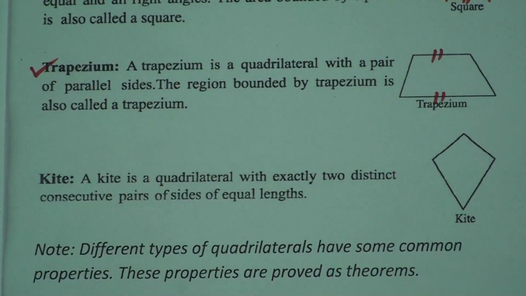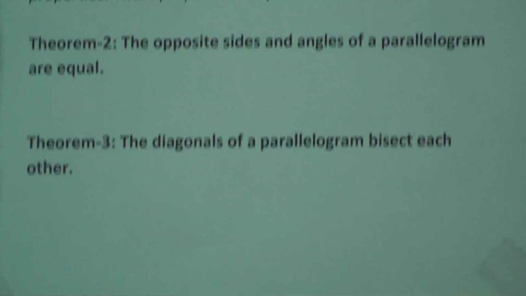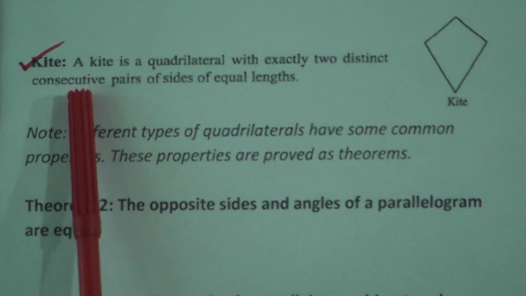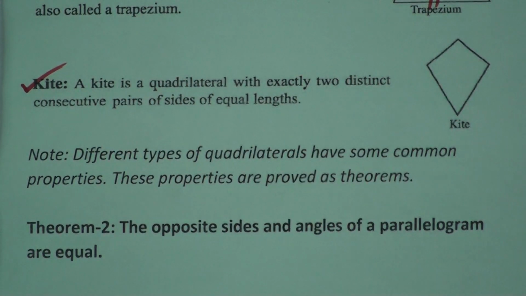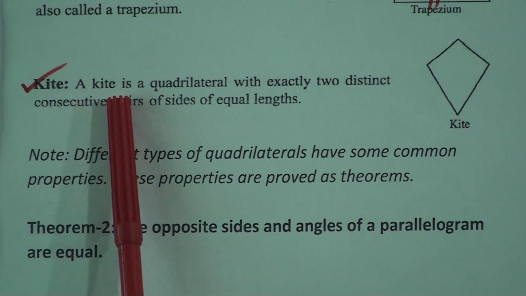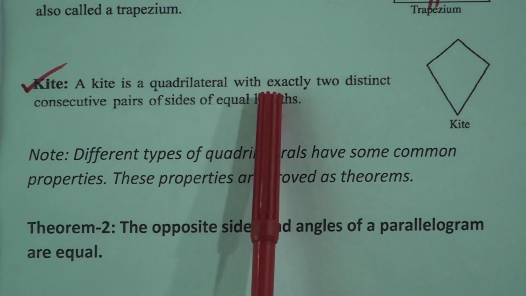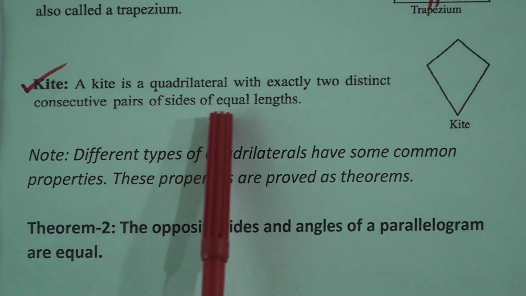Okay, now next one, kite. This is the last special type of quadrilateral I will discuss today. A kite is a quadrilateral with exactly two distinct consecutive pairs of sides of equal lengths.